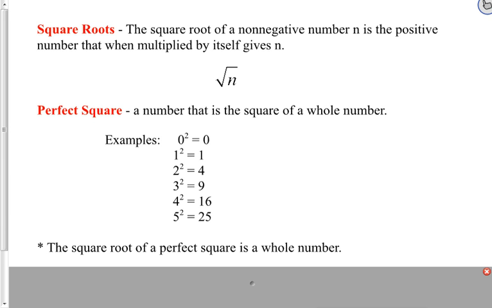Right? So 0 squared is 0, 1 squared is 1, 2 squared is 4, 3 squared is 9, 4 squared is 16, 5 squared is 25. So it's the numbers down the right side here that are our perfect squares. And we need to know our perfect squares. Right? We need to know them very well. Because when we take the square root of a perfect square, that's when we get a whole number.